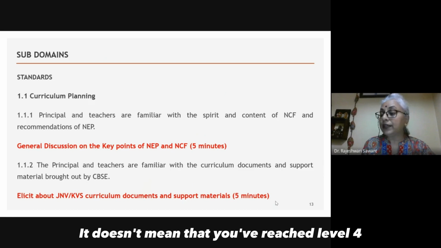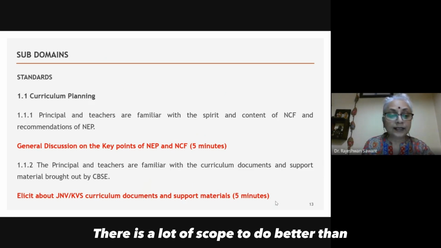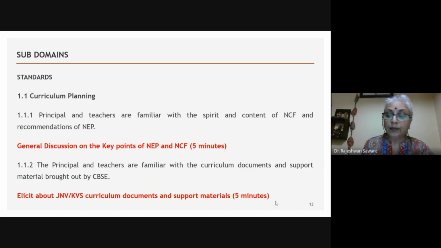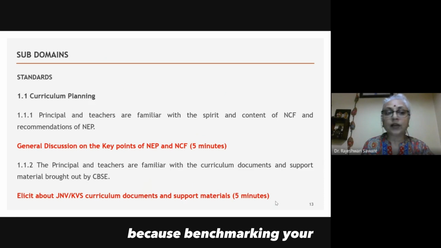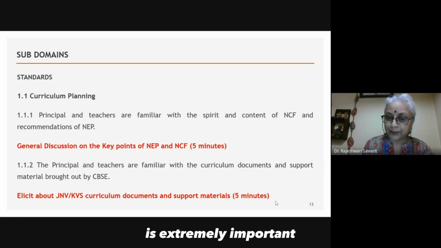It doesn't mean that you've reached level 4 and there is not much to do after that. There is a lot of scope to do better than what you are at, because benchmarking your levels is extremely important, and doing better than where you are is extremely important.